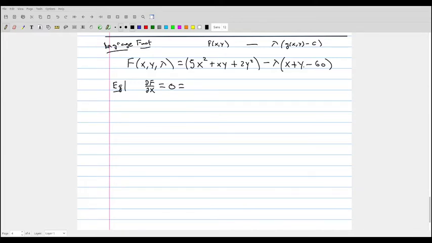And when we take the partial derivative of this with respect to x, we get the equation 10x plus y minus lambda is equal to 0, or y is equal to lambda minus 10x.